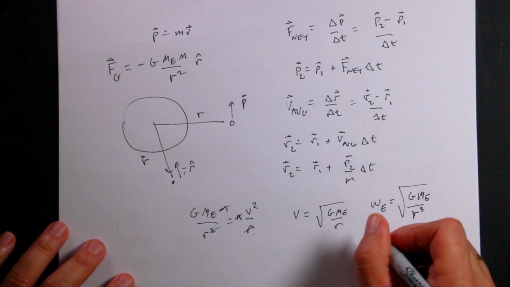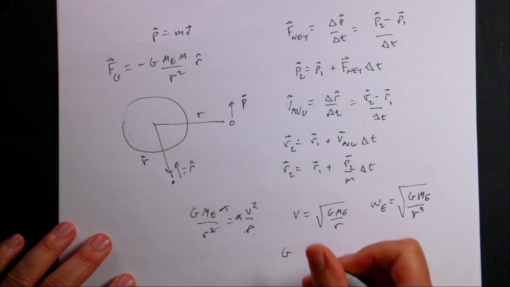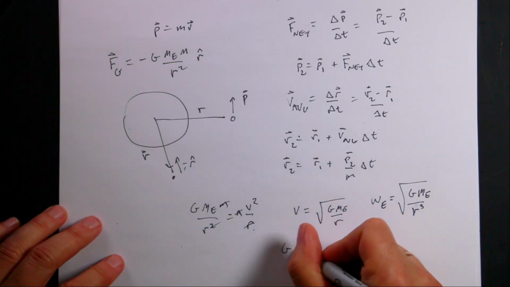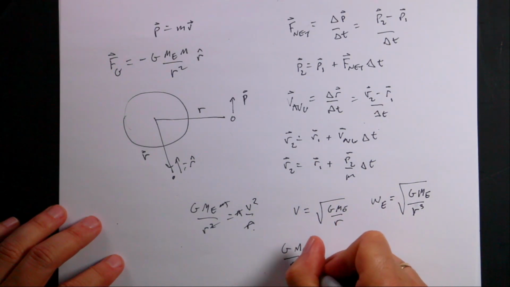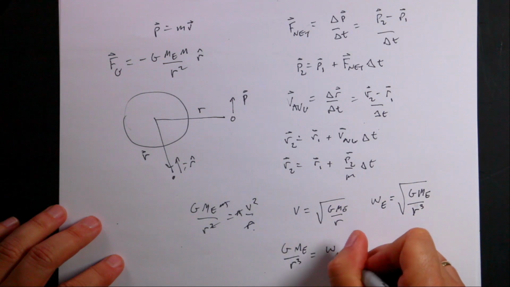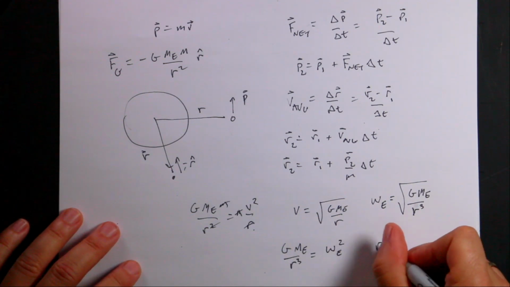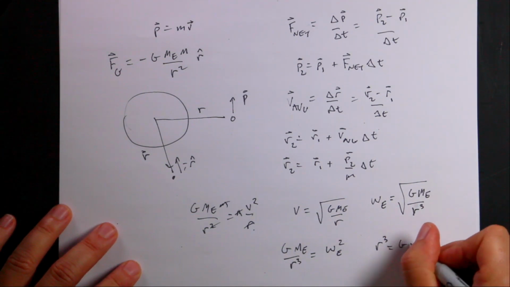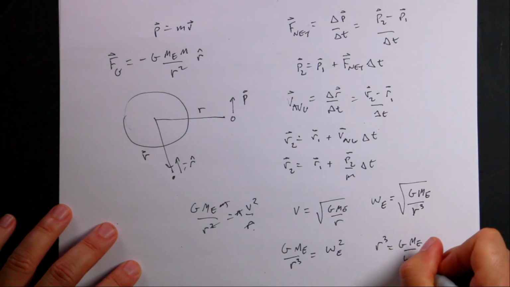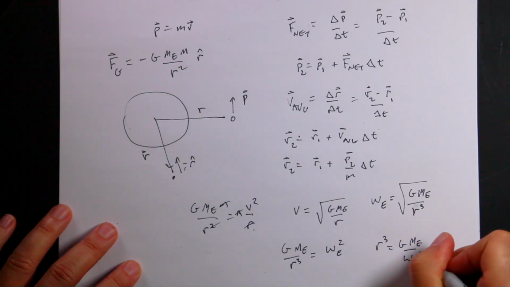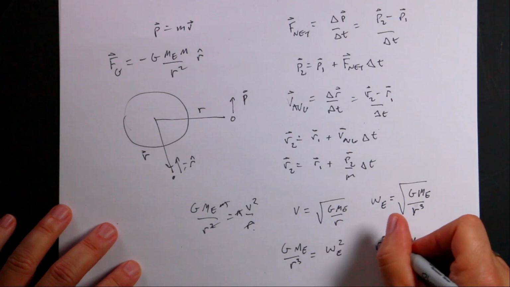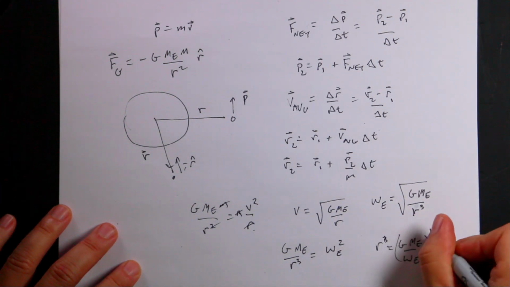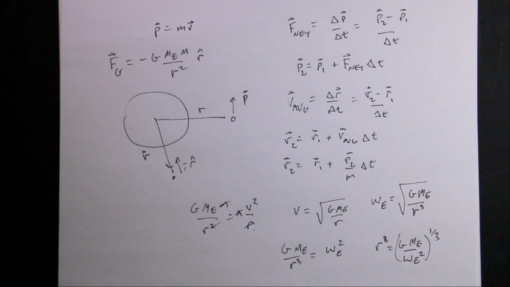So I'm going to square both sides, and I get g mass of the Earth over r cubed equals omega Earth squared. So r cubed is going to be g mass of the Earth over omega Earth squared. And then I can take the cube root of both sides. And that will be my radius for geostationary orbits.